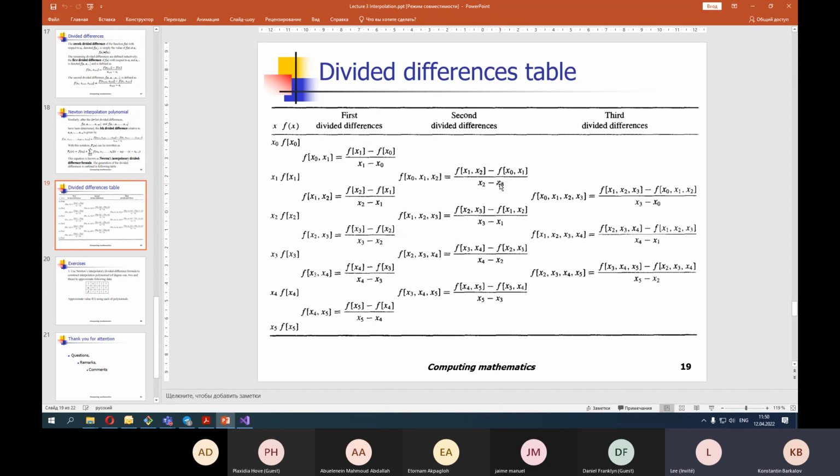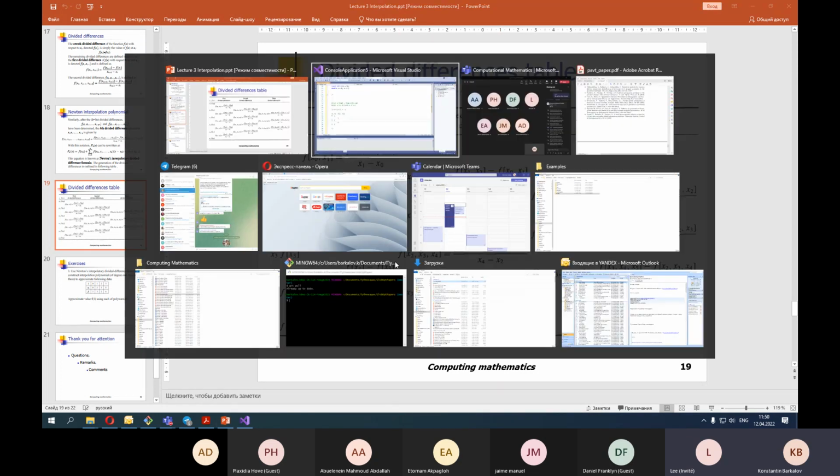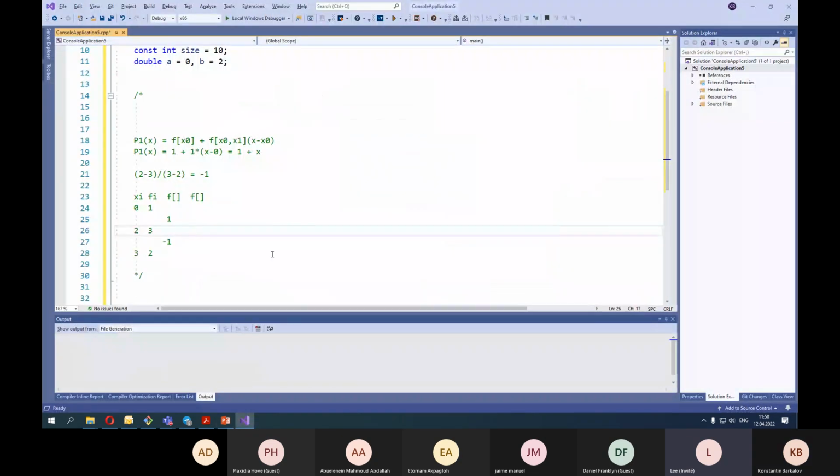Maybe. What we should take? We should take the difference of minus 1 minus 1 over 3 minus 0. Yes. The answer is minus 2 over 3.